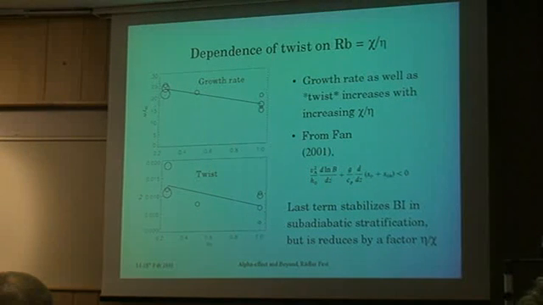Keeping everything else constant in the box, we vary what we call the Roberts number, which is the ratio of the temperature conductivity to the magnetic diffusivity, and we get two interesting results.